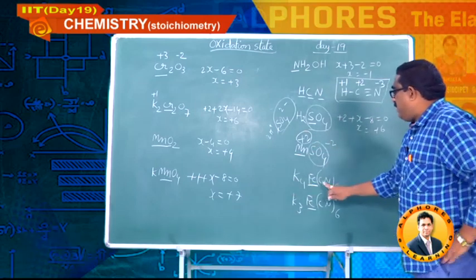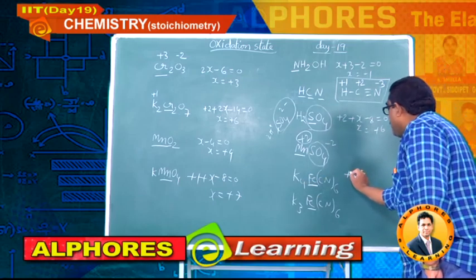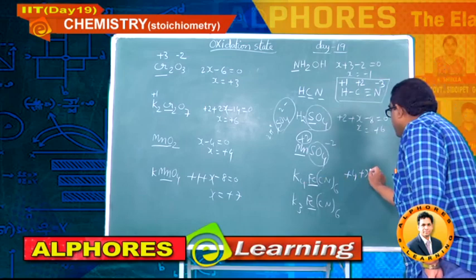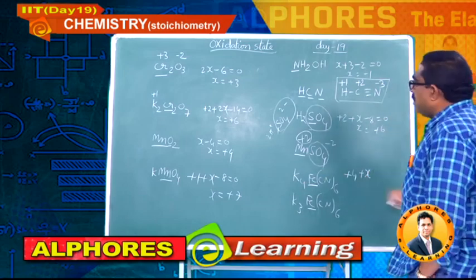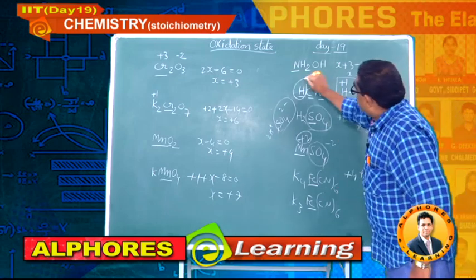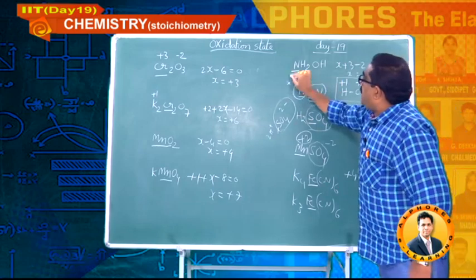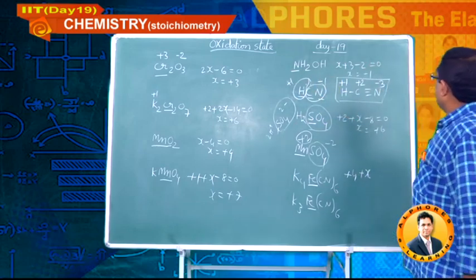Now I am going to assign for this. 4 potassiums, plus 4, plus iron X. It is a neutral species, so the sum of all should be 0. CN is there. I am splitting this: H plus CN minus.